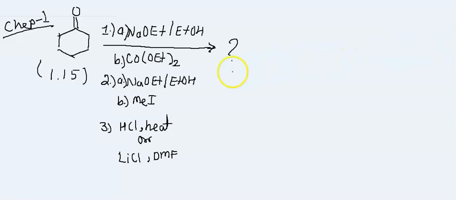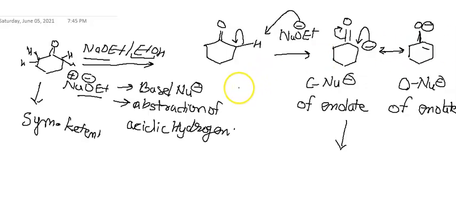In the next step we have COOEt twice. This is your electrophile. See, I will show it openly here so you can simply understand.